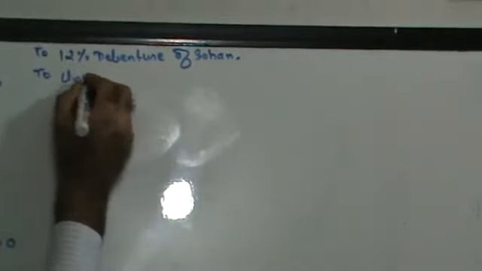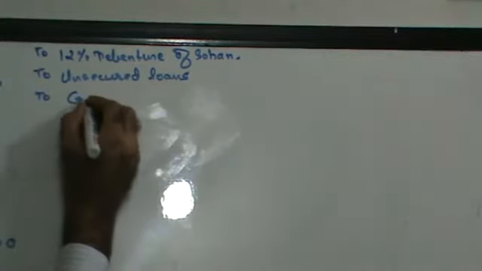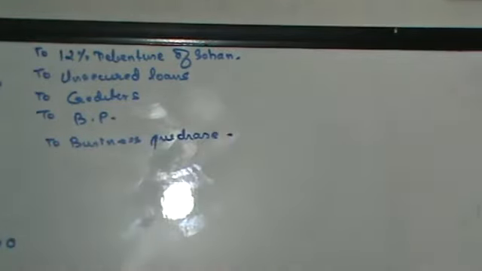To unsecured loans. To creditors, to bills payable, to business purchase. Right? Now let's start writing the amounts for this.